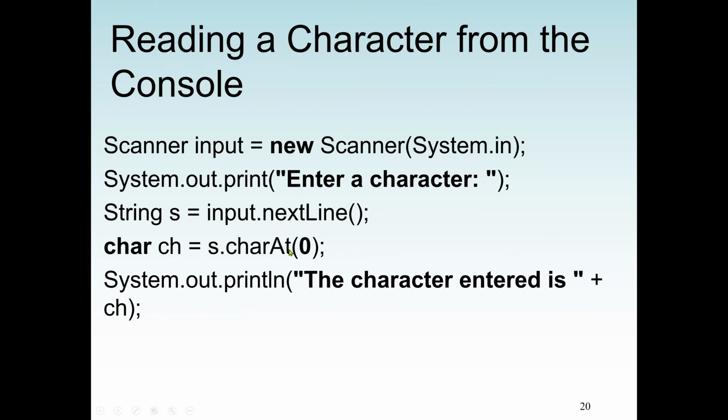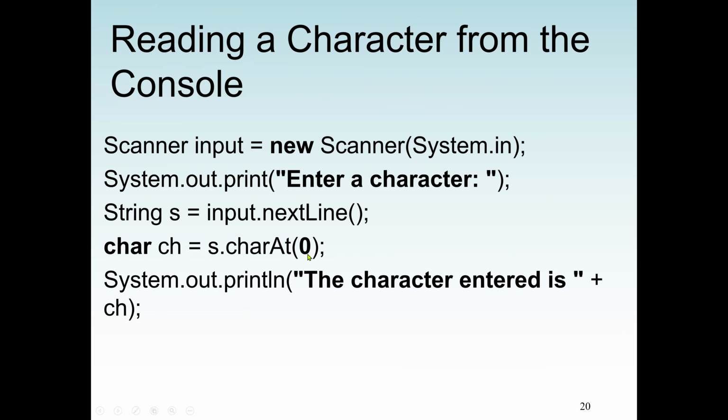charAt normally gives us the location of the characters in the string. So if we say charAt(0), it gives the first character in the string, and the string name is what? s. That's the content of s. So here we say s.charAt(0). So the content of s, the first character, we are going to assign to a new variable that we declare. The data type is char and the name is ch.